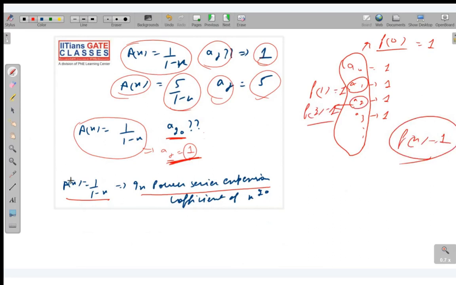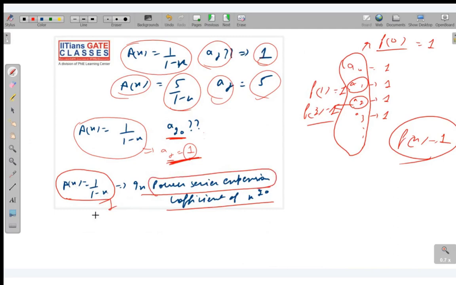Now see this, what they are saying: AX is 1 upon 1 minus X, and in power series expansion they are asking the coefficient of X power 20. They will use these heavy words just to confuse you. What is exactly this thing?